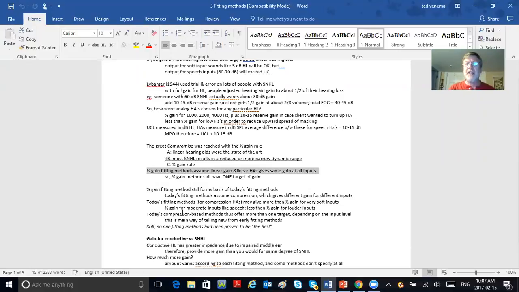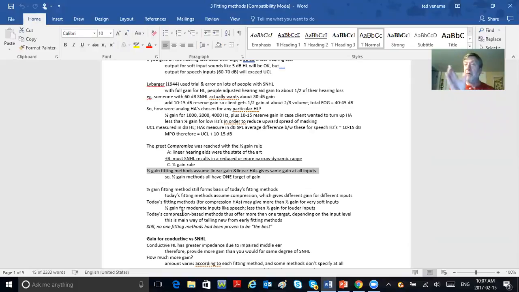So all half-gain methods have one target, not three like today. Today, hearing aids are compression. So today, hearing aids give more gain for soft inputs, less gain for average inputs, less gain yet for loud inputs due to compression. So today's fitting methods usually can show at least 3 different targets. One for soft inputs, one for average inputs, one for loud inputs.